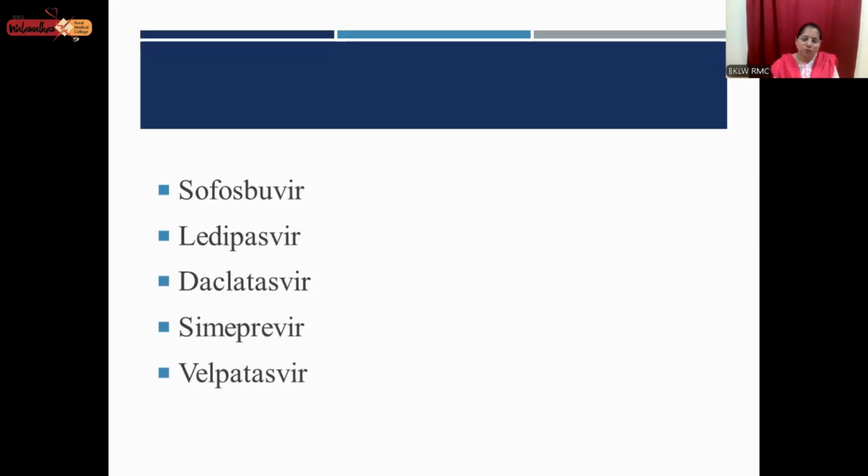Genotypes 1, 3, and 4 are covered by sofosbuvir and ledipasvir. All genotypes 1 to 6 can be covered by velpatasvir combined with sofosbuvir. These two-drug combinations reduce resistance and adverse effects and improve faster recovery of patients.